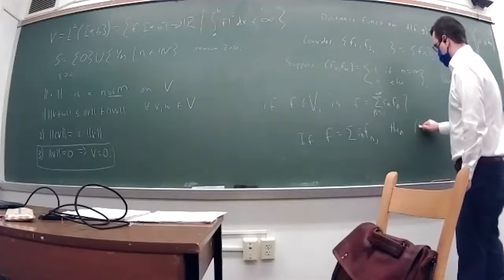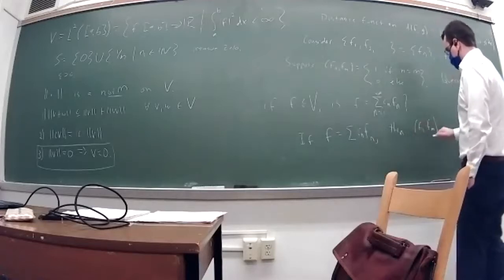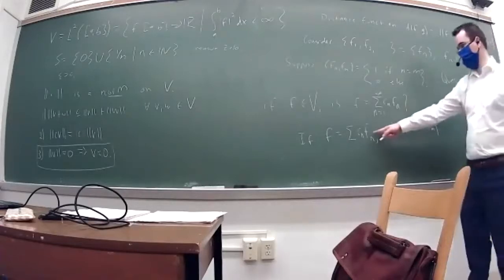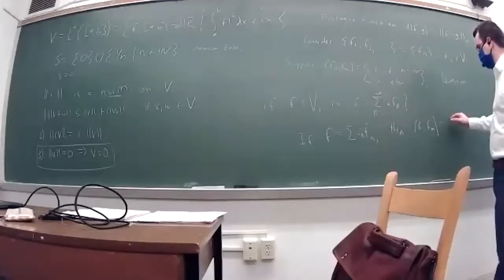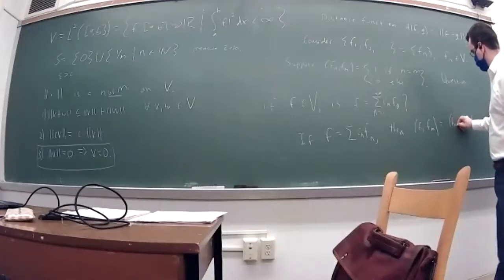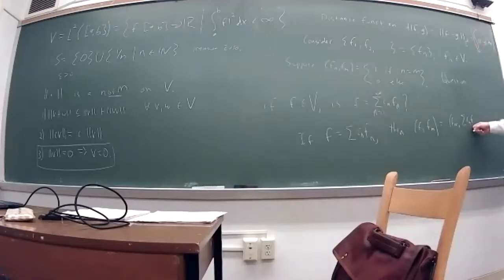then you can just take the inner product of f and f_m, right? And then by orthogonality, you'll just be left with c_m times the inner product of f_m with f_m.